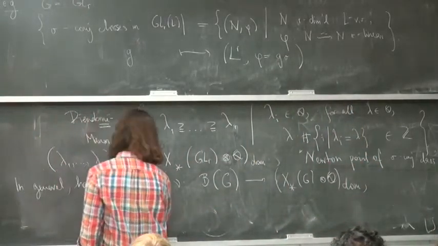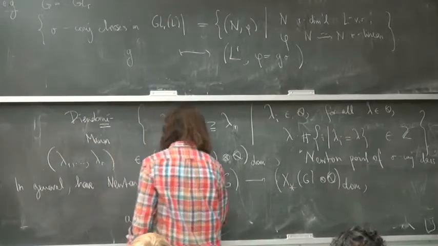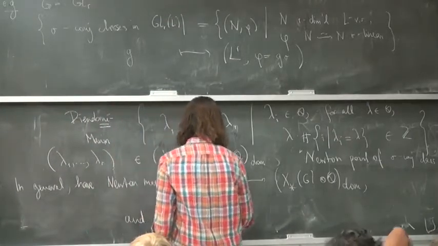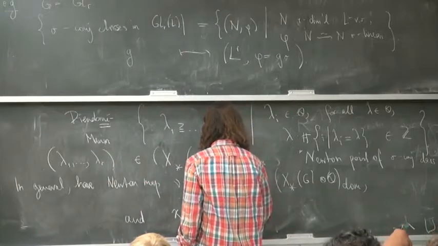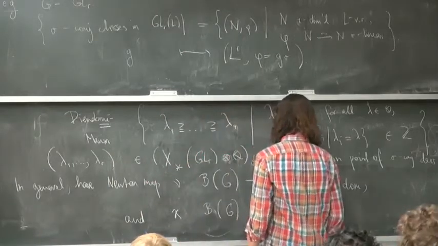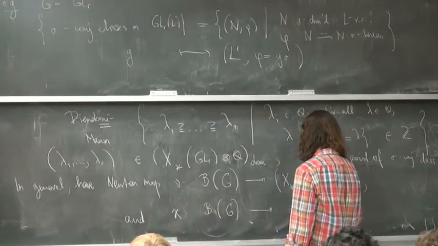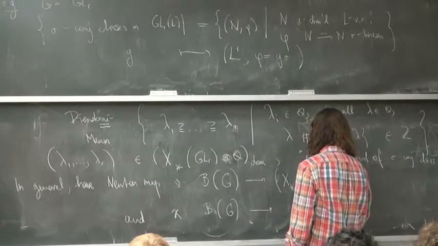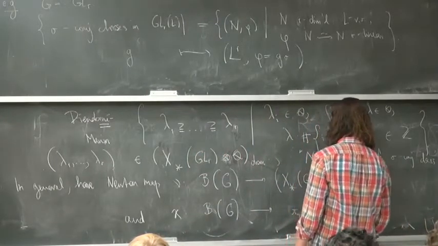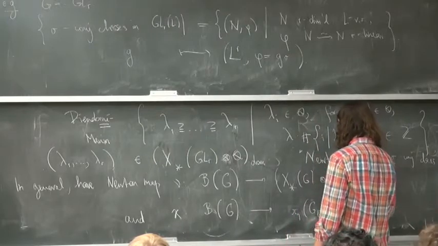And another guy known as kappa, which goes from B of G to the fundamental group of G over QP bar, take co-invariants under the inertia.